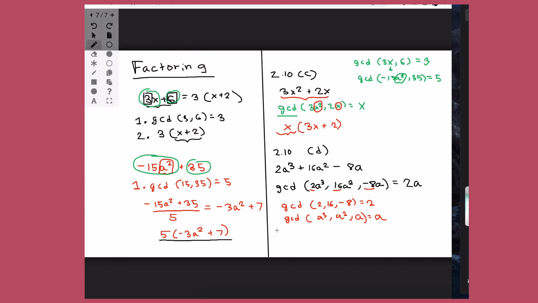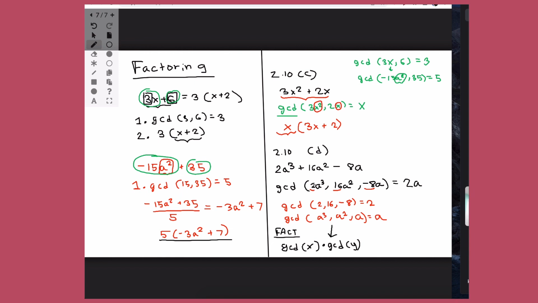This is a fact: the GCD of x times y is the GCD of x times the GCD of y. So that's all we did over here.